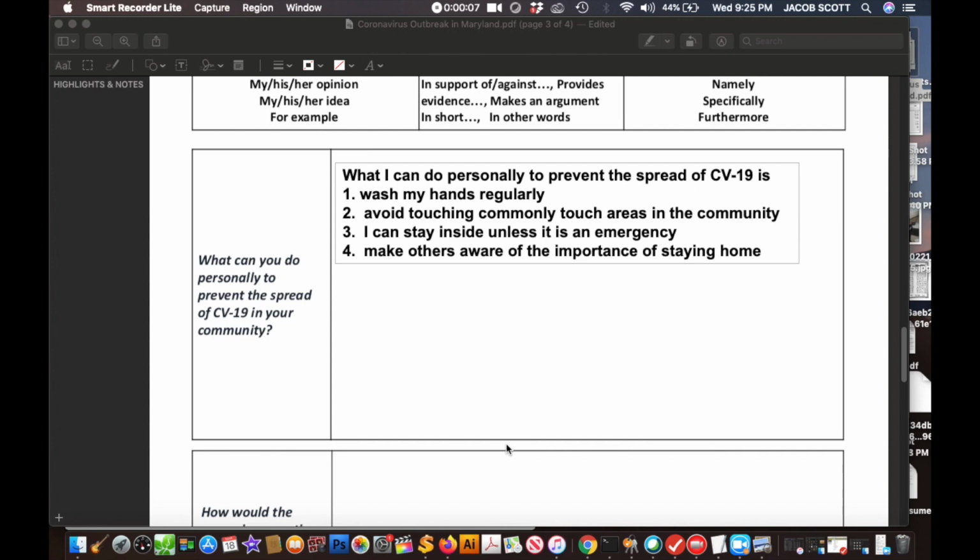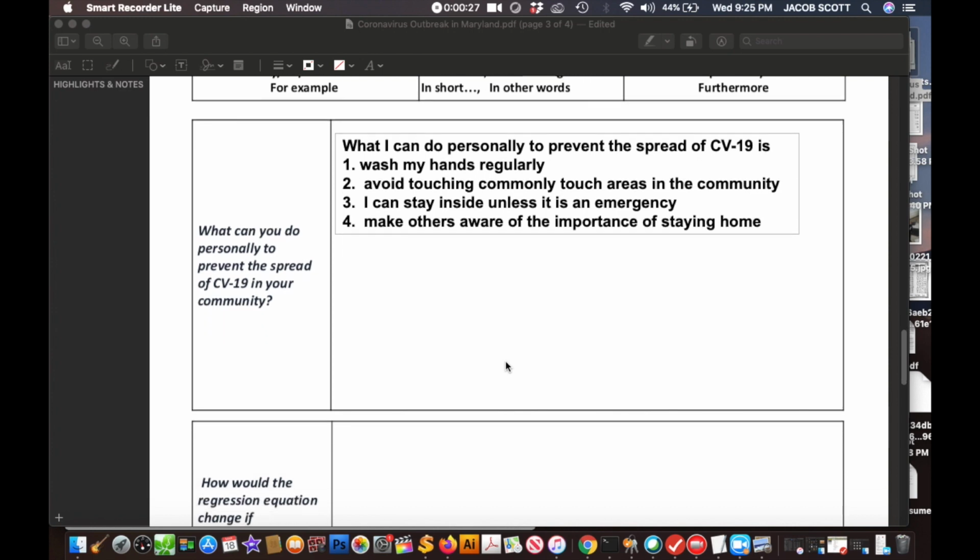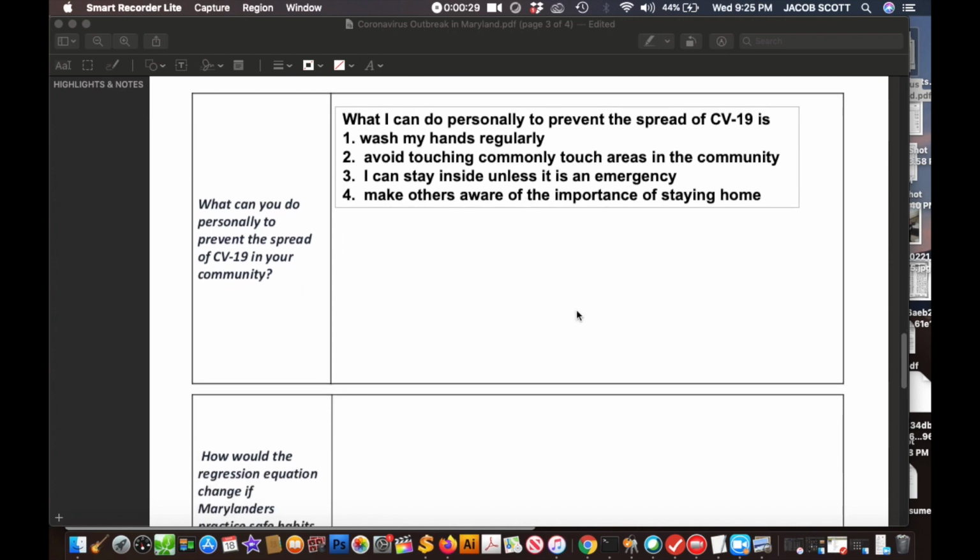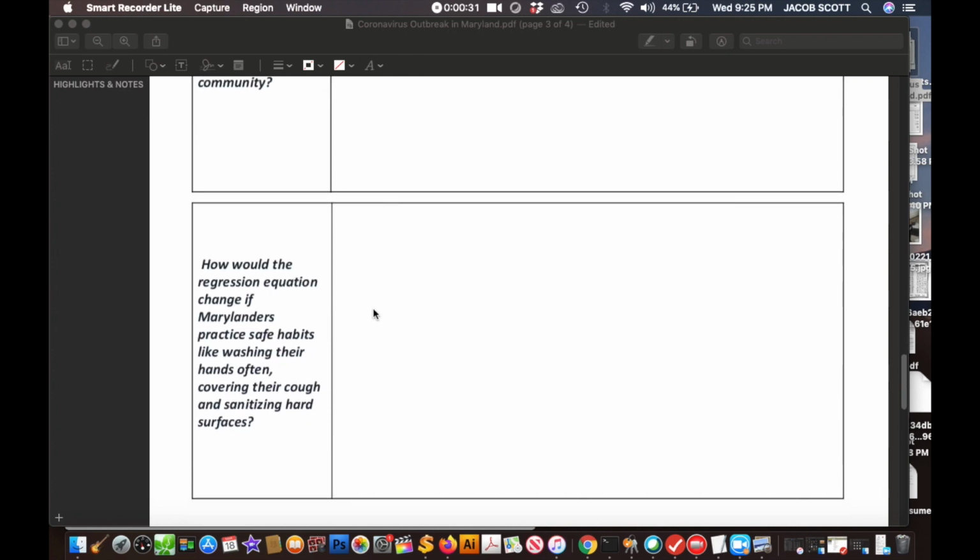They think it's hang time or whatever, but the reality is every person should be staying home. And so I can help them to become aware of that and to practice that by sharing on social media my opinion. So those are 4 things that I can do to help in my community.